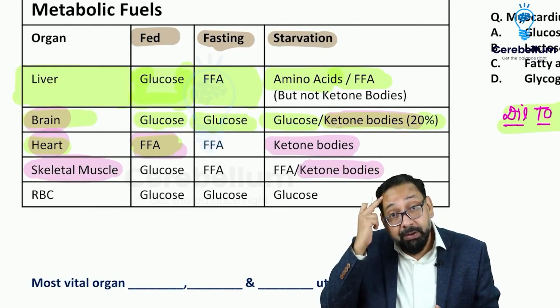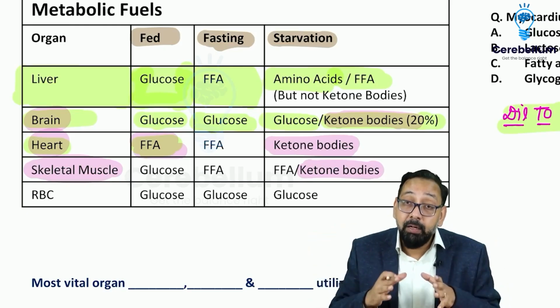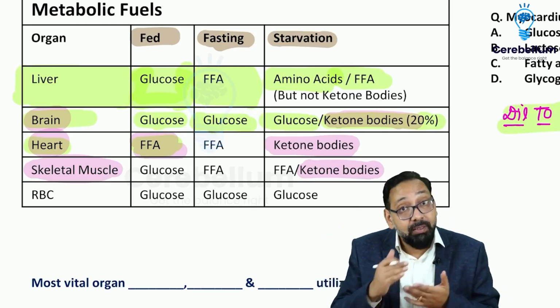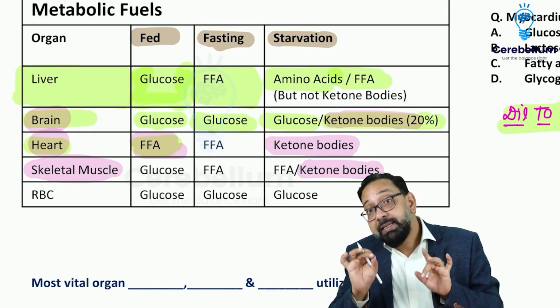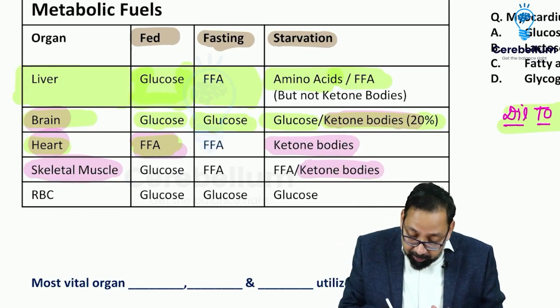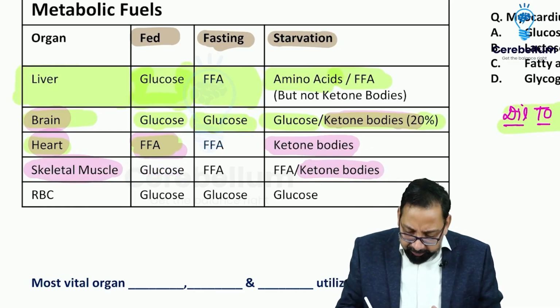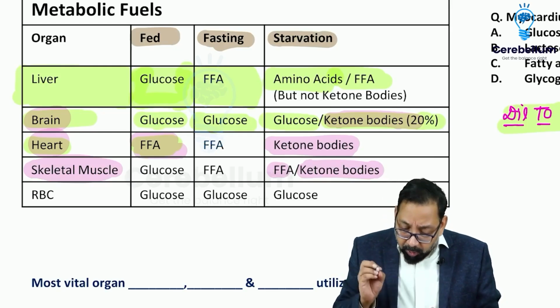Brain is very vital, heart is very vital, and skeletal muscle, I say vital because even when you are sleeping, at that time skeletal muscles are working. So you can remember like this, they utilize ketone bodies in starvation. Skeletal muscle utilizes glucose in the fed state, fatty acid in fasting, and fatty acid and ketone bodies in starvation.